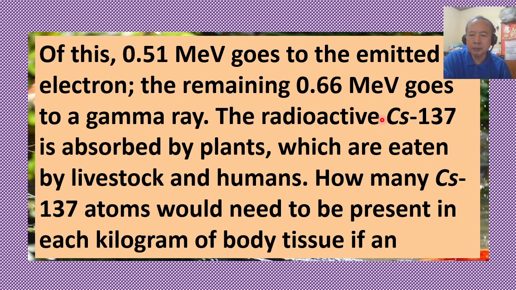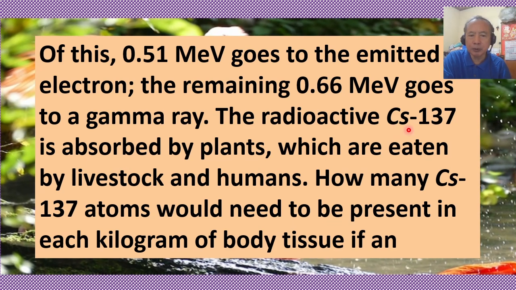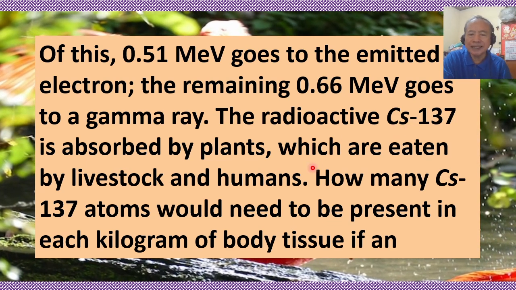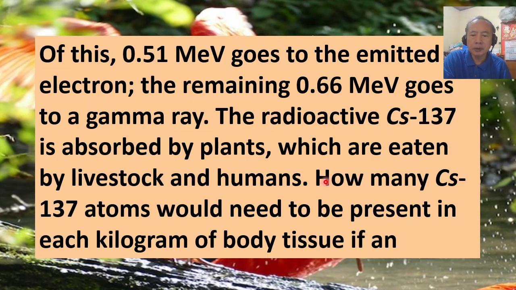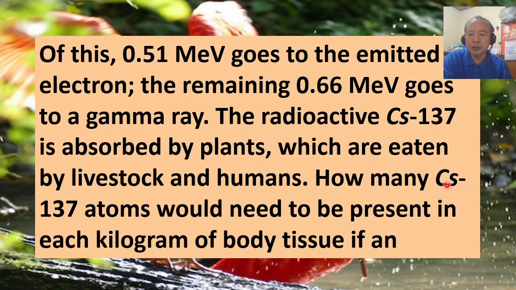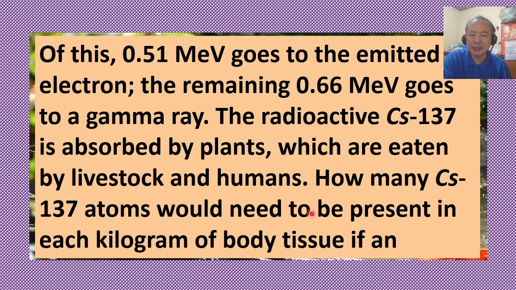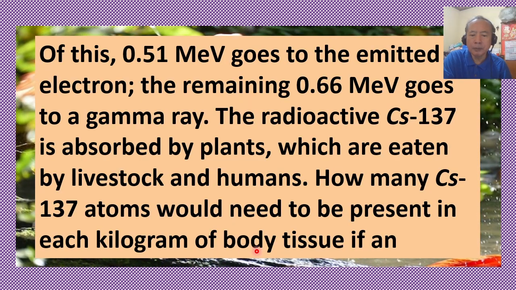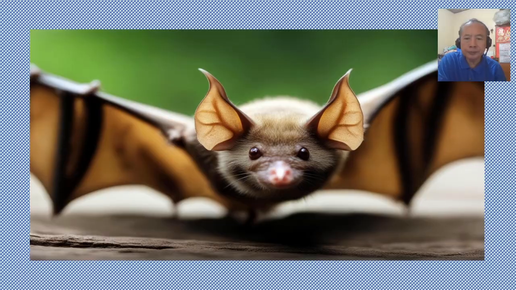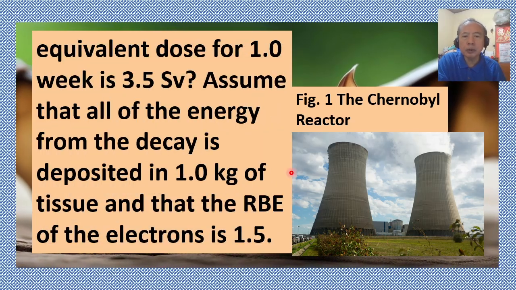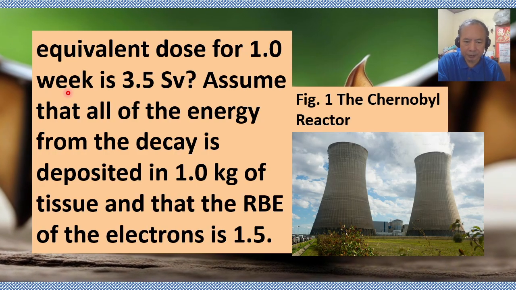The radioactive cesium-137 is absorbed by plants, which are eaten by livestock and humans. How many cesium-137 atoms would need to be present in each kilogram of body tissue if an equivalent dose for 1 week is 3.5 sieverts?